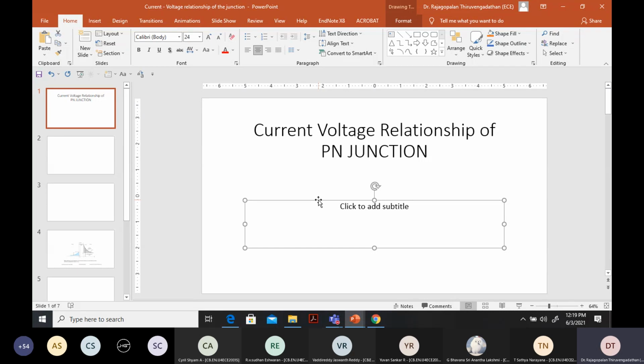Okay, that phenomenon is different. We'll take up what happens at breakdown in the subsequent class. For now, you understand that the PN junction works under forward bias, and in the reverse bias the current is almost negligibly small.